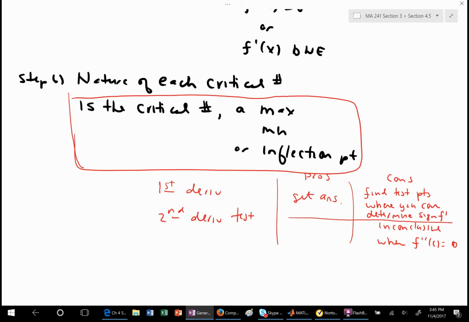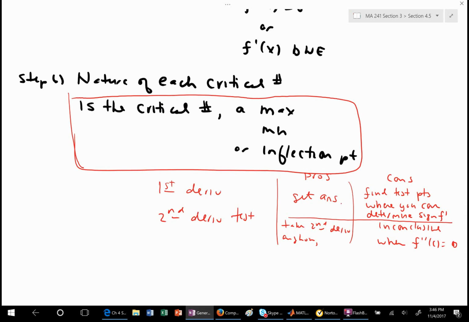The pros of the second derivative test is you have to find the points of inflection anyhow. You have to take the second derivative anyhow. And it's also less time consuming. So if you can get the sign of just the second derivative at a single point, okay, then this is actually less work. It may be that getting the sign of the second derivative at the critical number is less work than doing two separate points for the first derivative on both sides.